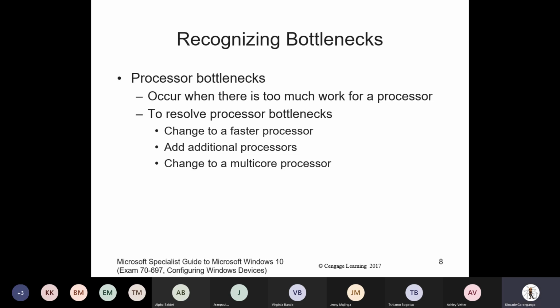So ultimately, if you're looking at a hard drive, you are looking at your upgrade from traditional to SSD, which is normally the type of upgrade that you're looking at for a disk bottleneck scenario.